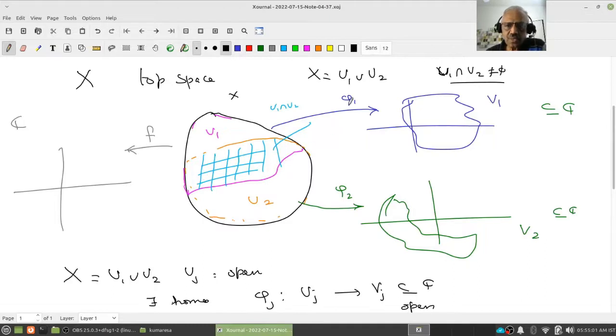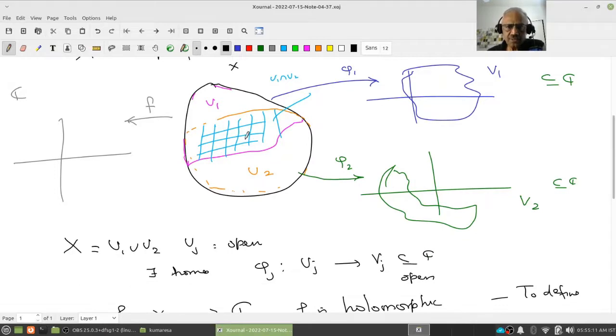Now let's look at this map. What we know is how to define holomorphic functions from an open subset of C to C. Now let's look at the picture. There is an obvious way you can look at this. There is a map which goes this way, which is phi 1 inverse, and there is an obvious map here which goes this way, phi 2 inverse.